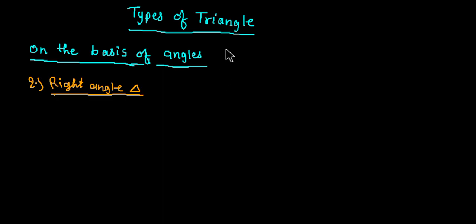So let's draw a triangle whose one angle is 90 degrees. Here in the triangle PQM, angle P is equal to 90 degrees. So we can say that this triangle is a right angle triangle.